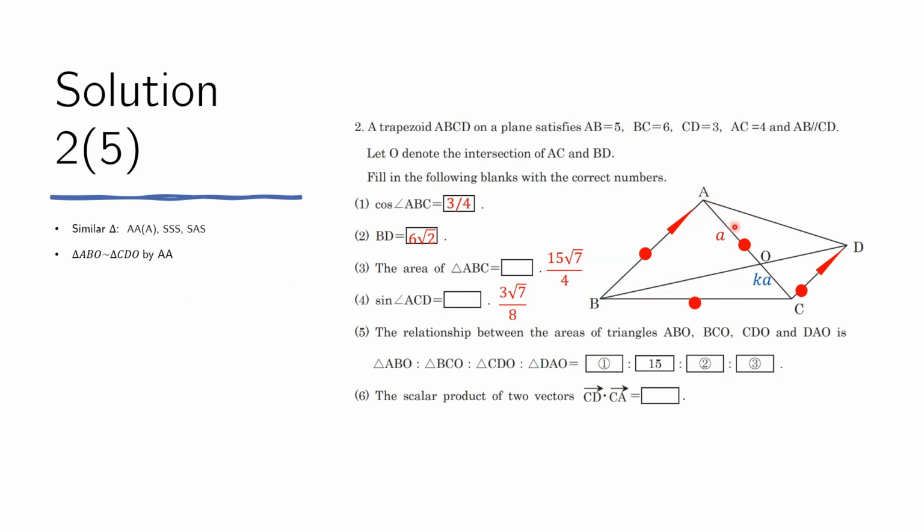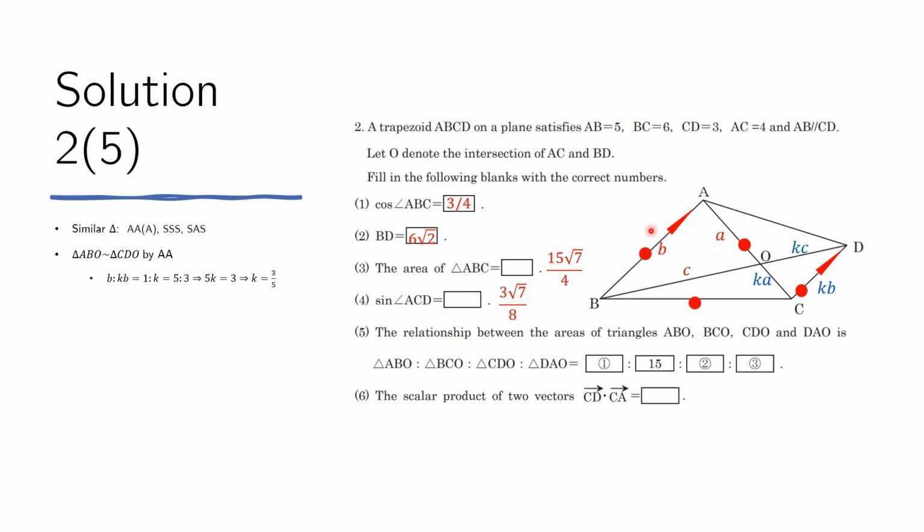So if we know this side to be A, then the corresponding side in this triangle, which is this, is also A times some proportionality constant K. Likewise, if this is B, then the corresponding side on this triangle, which is this side, would also be K times B. And if we know this side to be C, then this side, which is the corresponding side, would be the proportionality constant K times C. So these things we learn just from knowing that this triangle here is actually similar to this other triangle. And if we know that, then we can actually find K.